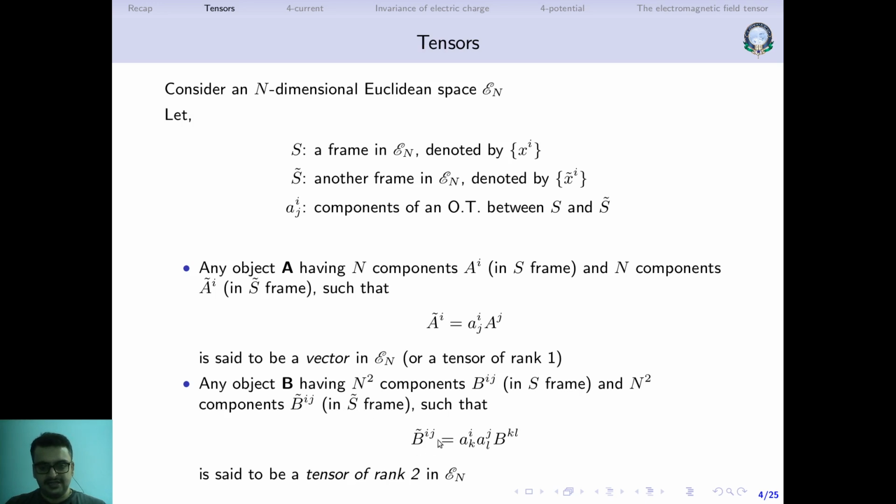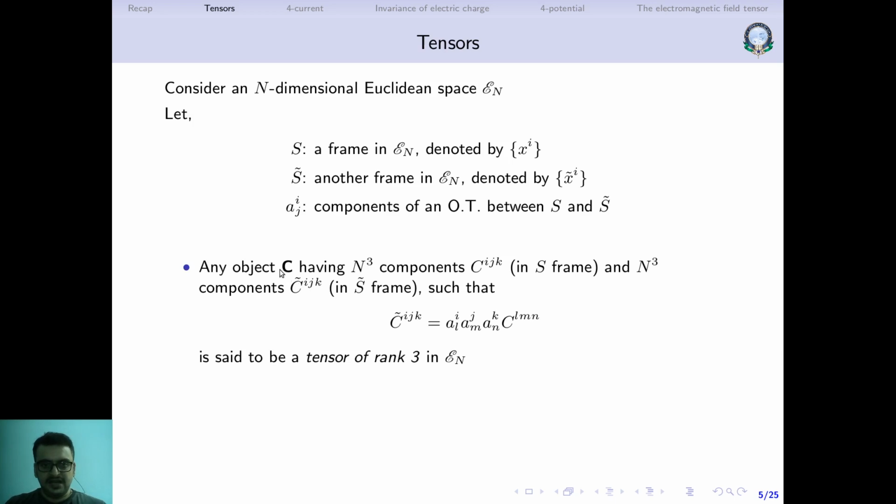Then the components of this object B have to undergo two transformations. If you remember, the transformation equations between these two frames are the same. So if it undergoes one transformation, it's a vector, or a tensor of rank 1. But if it has to undergo two transformations, then we call it a tensor of rank 2 in the same Euclidean space E^n.